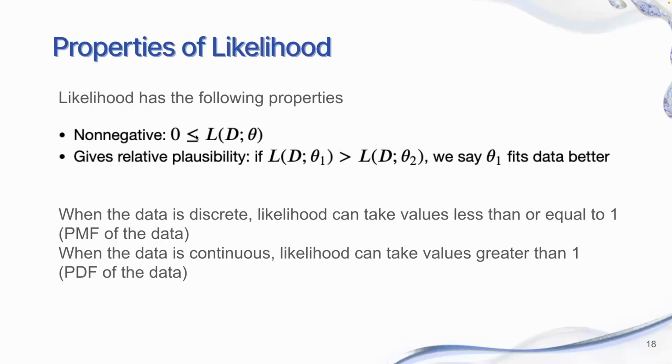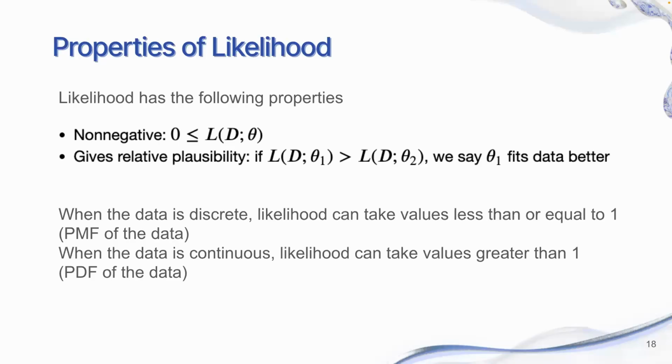And then there's something called relative plausibility. That's how we compare two models. Let's say I have the likelihood given the same data D, and you have two models, theta 1 and theta 2. If the likelihood of D given theta 1 is greater than the likelihood of seeing D given theta 2, then we say theta 1 fits the data better.